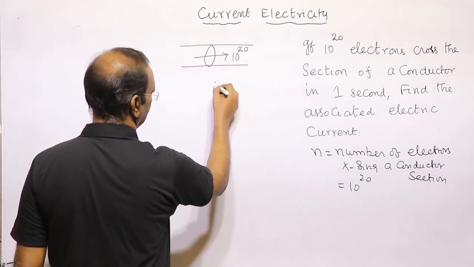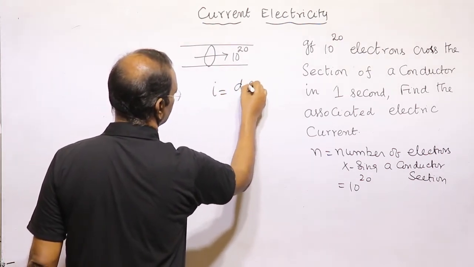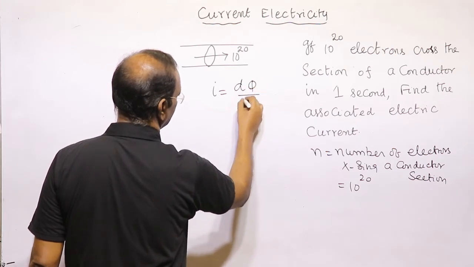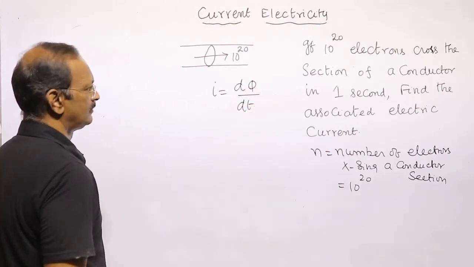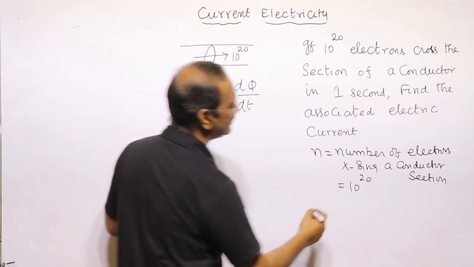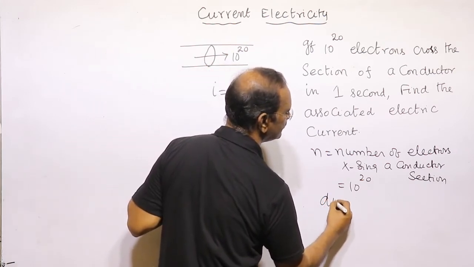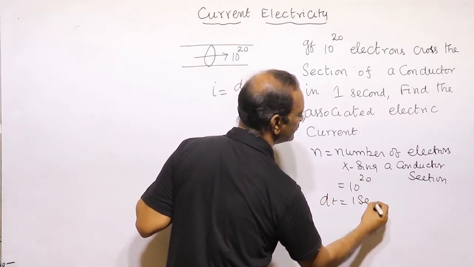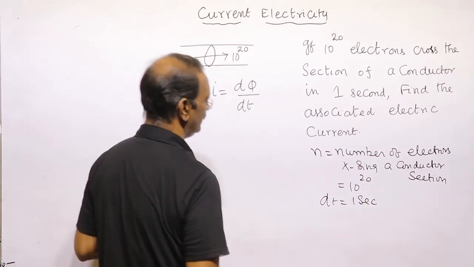See, the associated electric current is equal to charge divided by time, and the time is 1 second. So dt is equal to 1 second. What about charge?